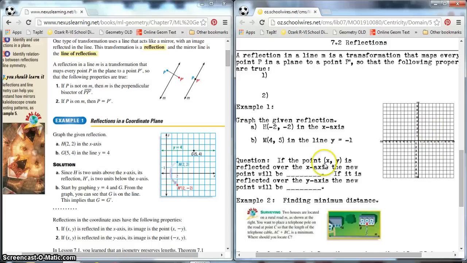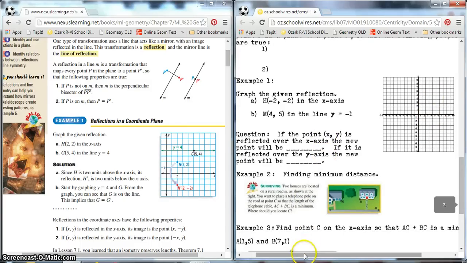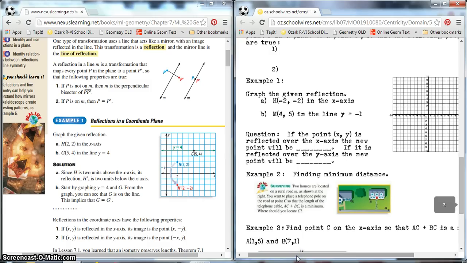All right. Question. If the point x, y is reflected over the x-axis, the new point will be... All right, so let's take a point. Actually, we did it on H, so that'll work out perfect. Here was -2, -2, and we reflected that over the x-axis, and it ended up at -2, +2. So the x value was still -2, but the y value changed to +2.